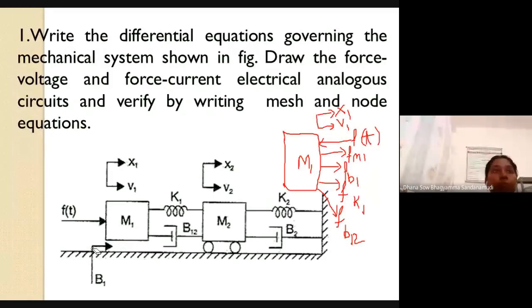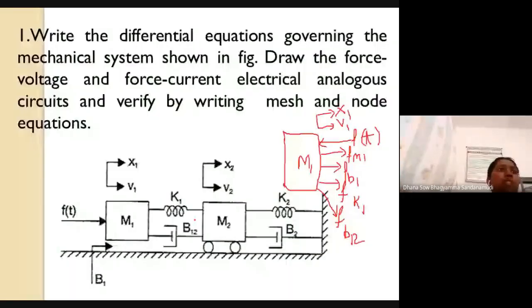So here is the free body diagram of mass M1. Mass M1 is there, velocity is V1, displacement is X1, applied force is F of t. The opposing forces are: the force due to the mass Fm1, the force due to friction Fb1, the force due to elasticity Fk1, and the force due to friction Fb12.